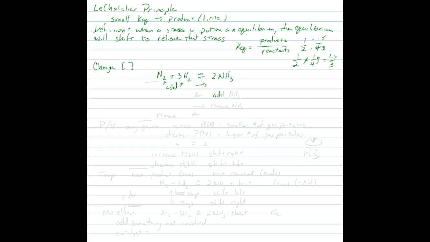If you add NH3, it's going to shift to the left because that's too big. So this is all going to be about shift right, shift left. If you remove NH3, that means this side's too small, so it's going to shift right. If you remove either the N2 or the H2, you're going to shift to left.